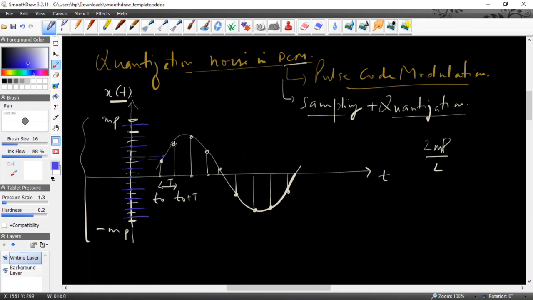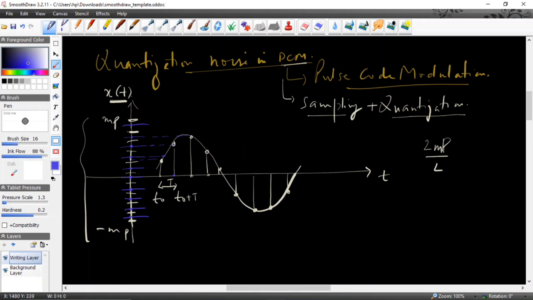Okay, and suppose for this time you take a sample here, and this sample exactly lies at a quantized level. So there is no error here. Similarly, for this sample, if it exactly lies at a quantized value, then there is no error.